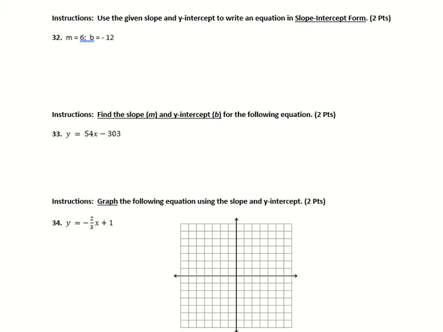Instructions. Use the given slope and y-intercept to write an equation in slope-intercept form. Number 32. Slope, or m, equals 6. B equals negative 12.